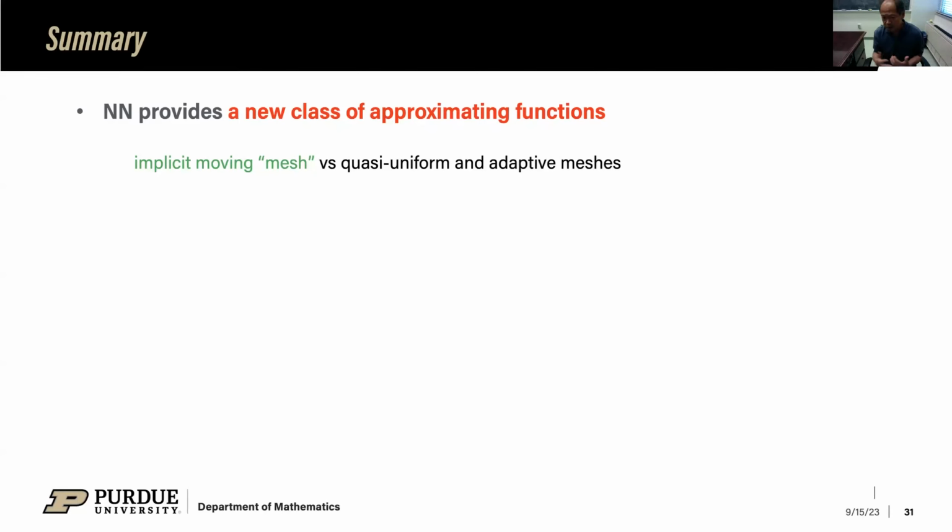There are many papers about the free knot spline. They understand very well that the free knot spline is much better than the finite element, well, not finite element, in 1D it is much better than the fixed-mesh spline.